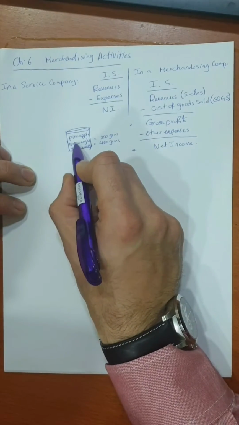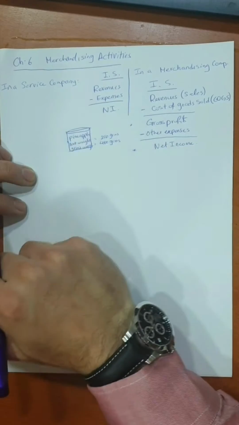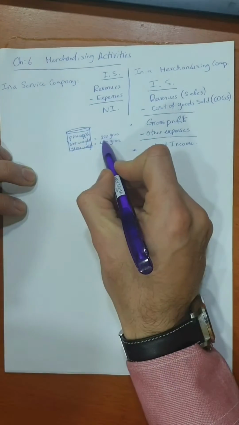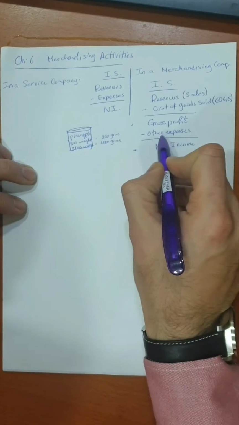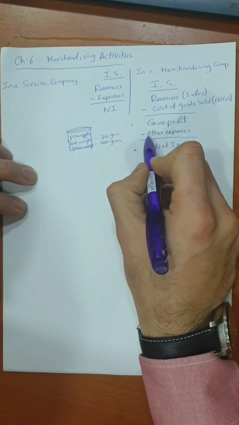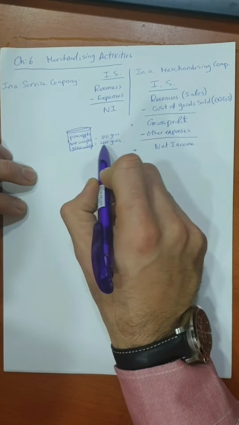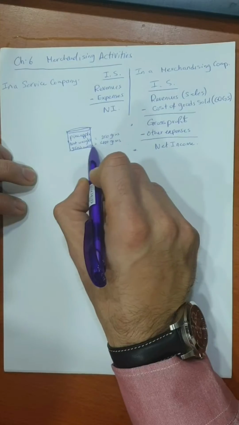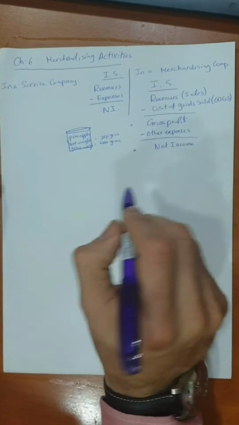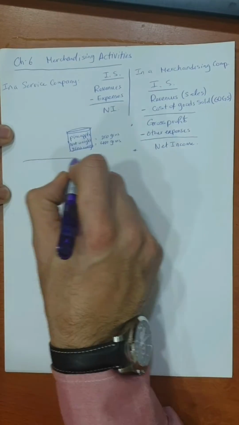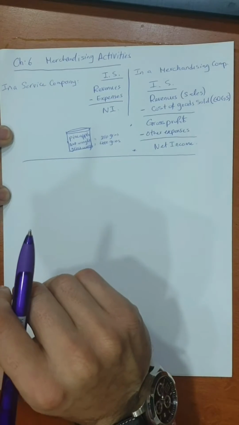The difference between these two is the water that is in this pineapple can. So the 150 grams difference of water is similar to the expenses in this case. After deducting expenses from gross profit, you will end up with net income. After deducting the weight of water from the gross weight, you will end up with the net weight. Okay, enough said on the difference between net and gross and the income statements of both.